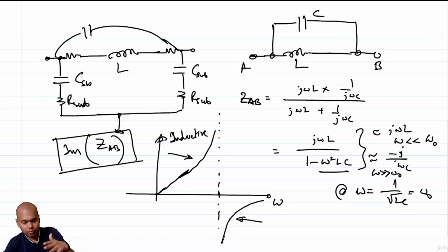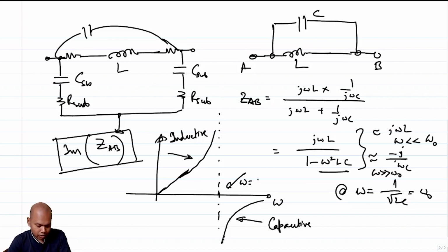But the key point to note is that this part of the curve is capacitive. So this is omega equal to omega naught.